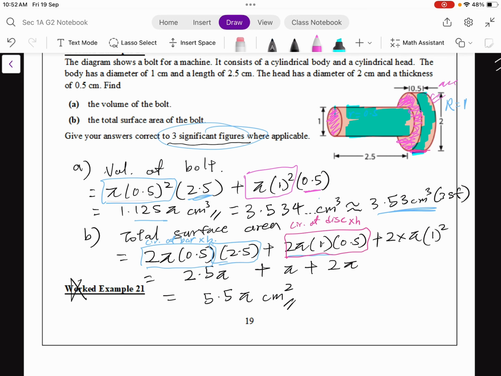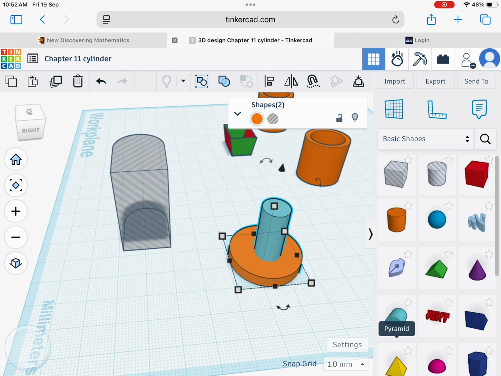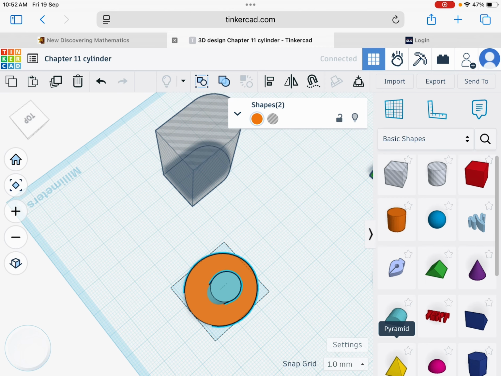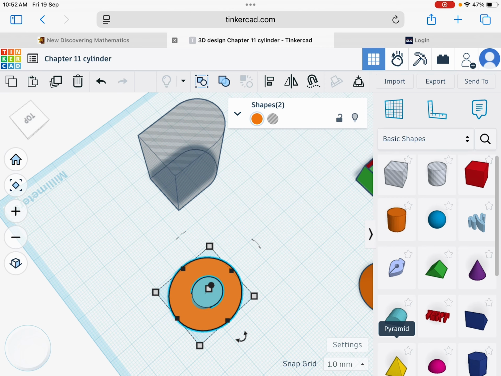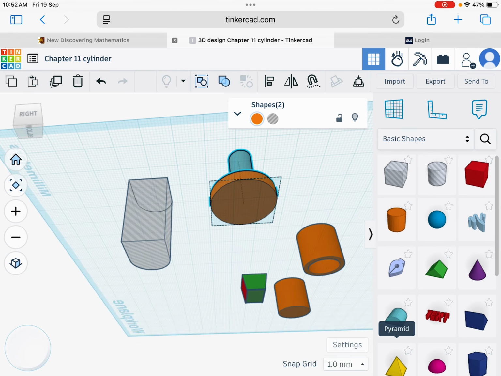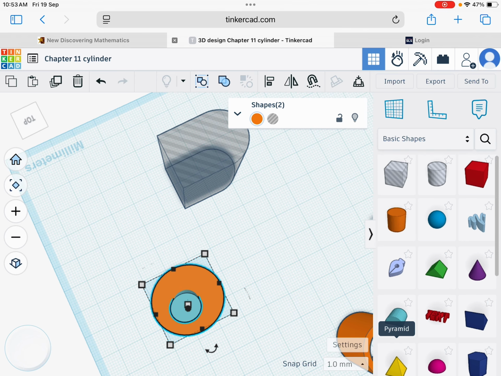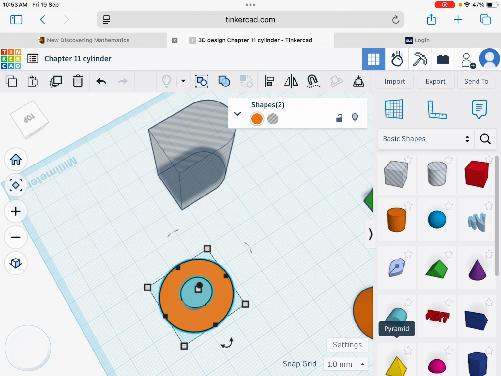If I go back to Tinkercad and look at it this way, you notice that this whole area, instead of finding the area of the ring and the small circle individually, the area of the small circle and the ring add together to be the area of the big circle. So I need to find the bottom area, and the top two, small circle and ring.